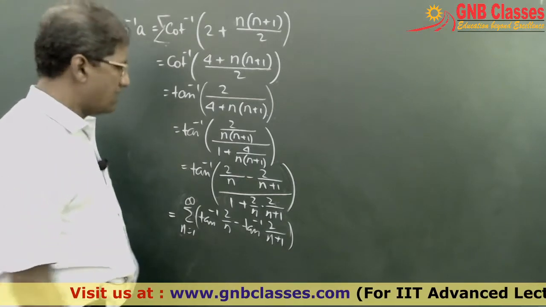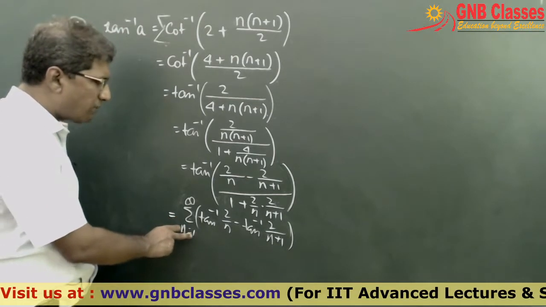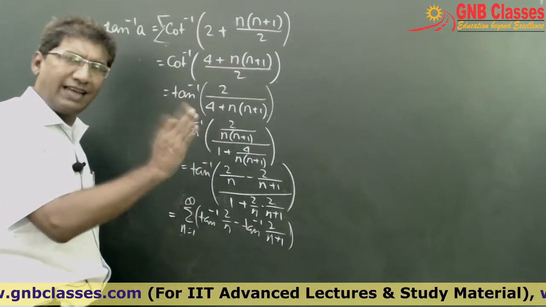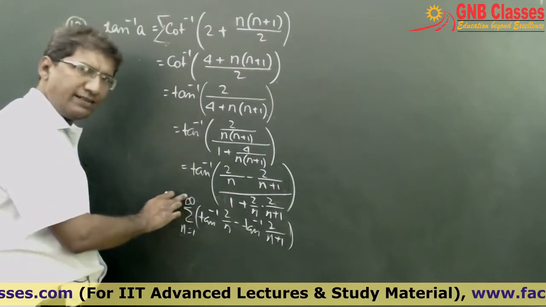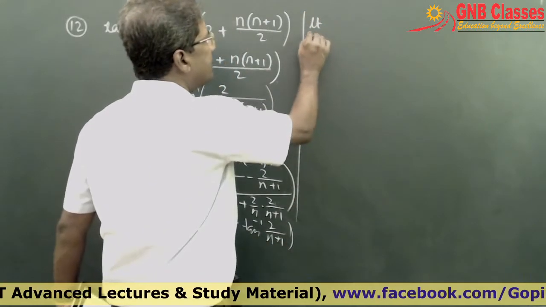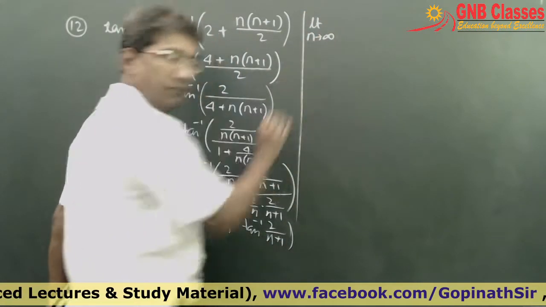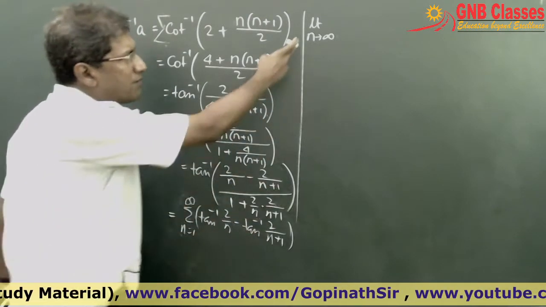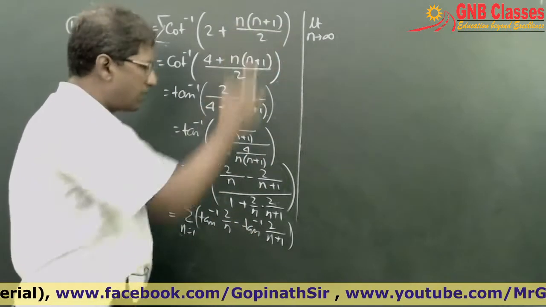Now, in place of n, if I put 1, 2, 3, 4 till n, think about till n. I'm not going till infinity. What I'm doing here is limit n tends to infinity. I'm expanding this thing till n, and then I'm writing limit n tends to infinity.